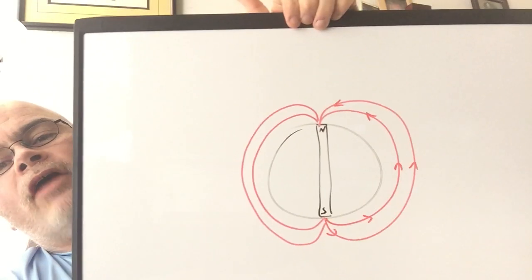So let's just say that they come out of the Earth and they wrap around the Earth. Now, the way they're going to come out is we're going to say they come out of the South Pole and they go into the North Pole. Sort of like that.